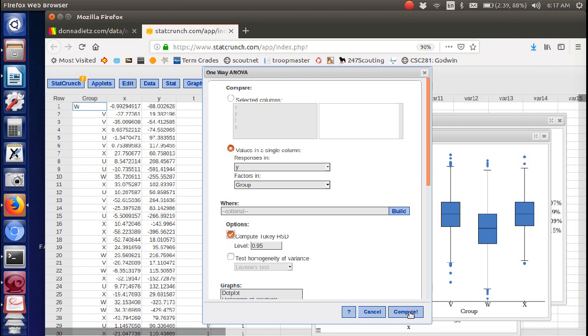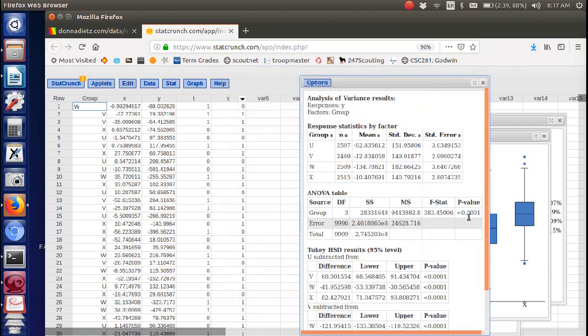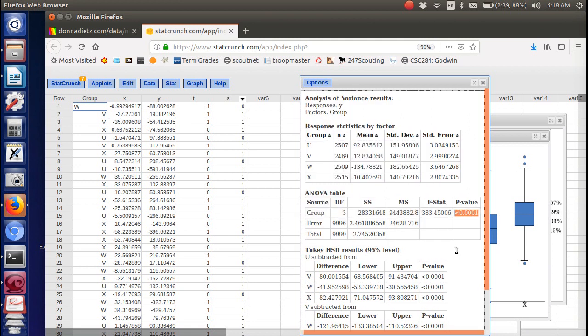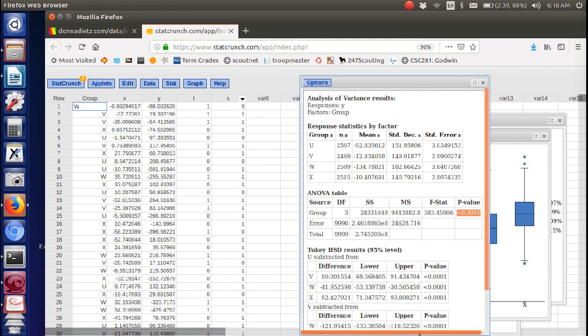So then we hit compute, and then you get all this output. You could basically ignore this first part. So you're going to get a significant p-value. If you don't, that's okay. It's fine if your p-value is not significant. It's pretty unlikely, that's all.